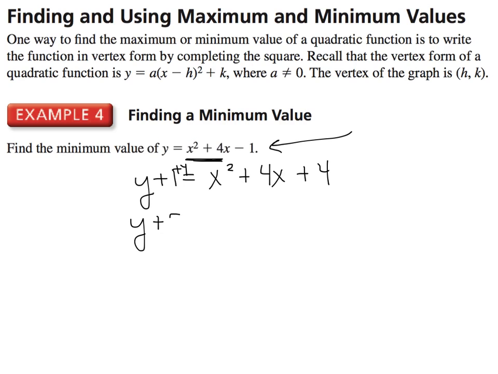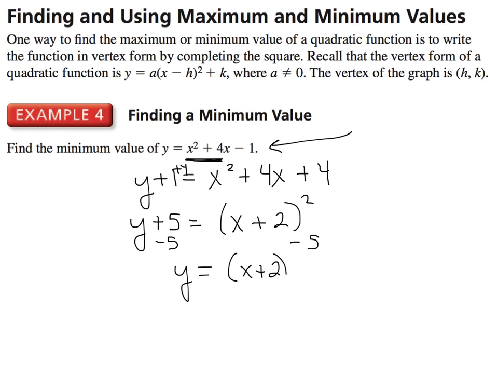That gives me y plus 5 equals x plus 2 squared. I now move the 5 back over. Move the 5 back over by subtracting 5. And voila, look what I have now. I have vertex form. Done.